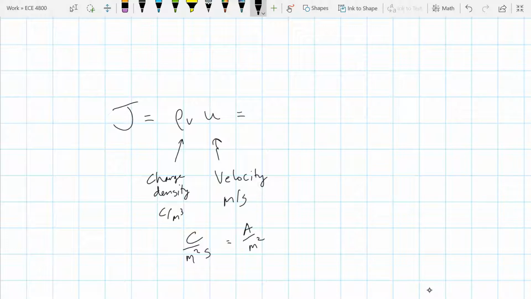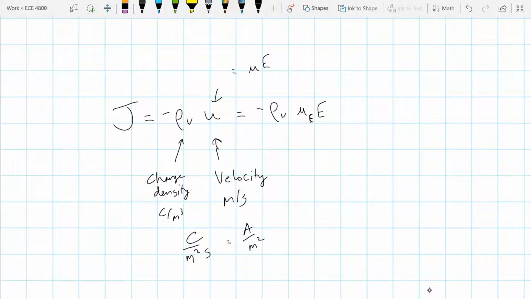All right, now this velocity we figured out earlier, so you can write down the rho v again here, but this u is equal to the mobility times the electric field. So it's mu times E. Negative, thank you. Is that u or mu? This one is mu, and this one is u.